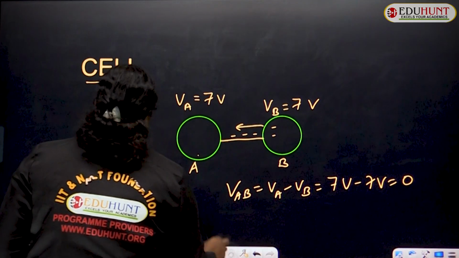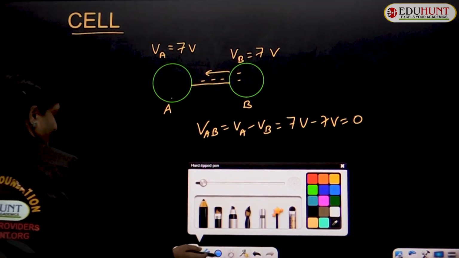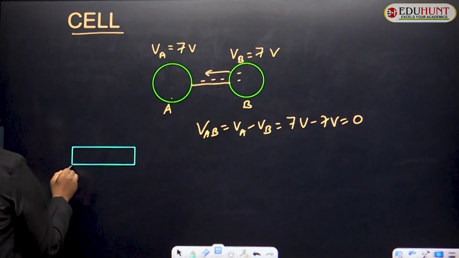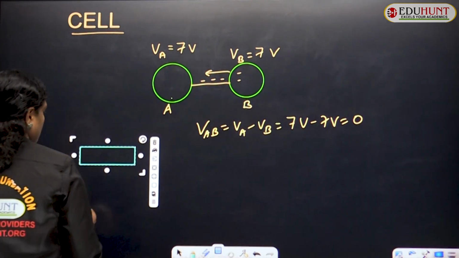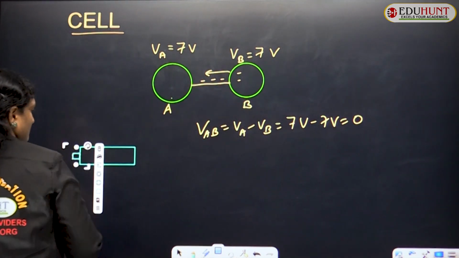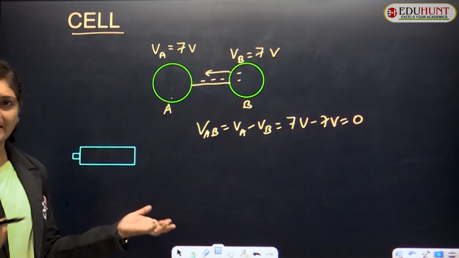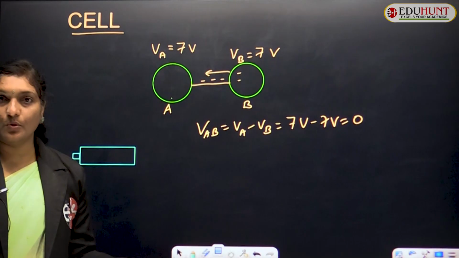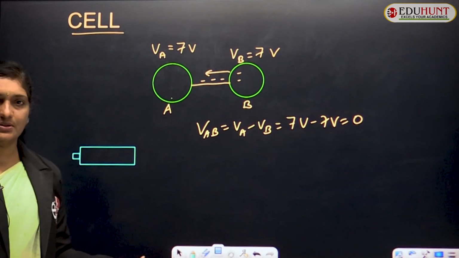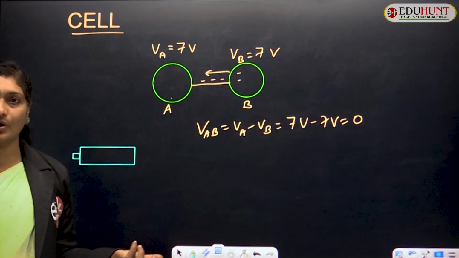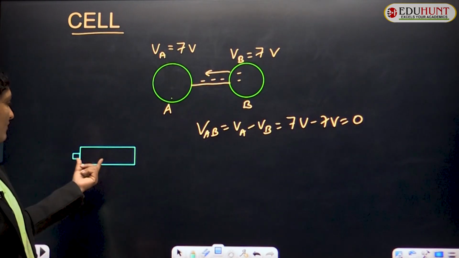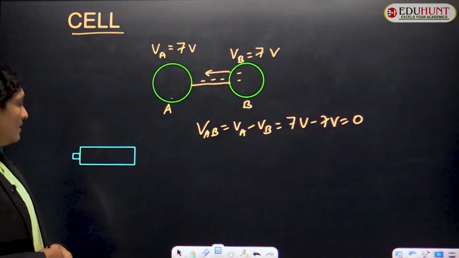Generally, let us picturize this. How does a cell look? This is how a cell looks, that we generally use in TV remotes, AC remotes, watches, wall clocks and all. We will be using a cell.